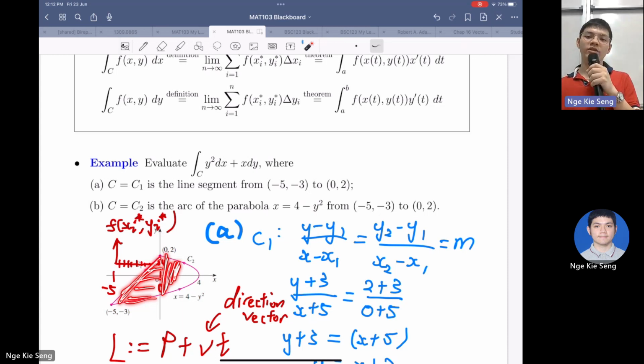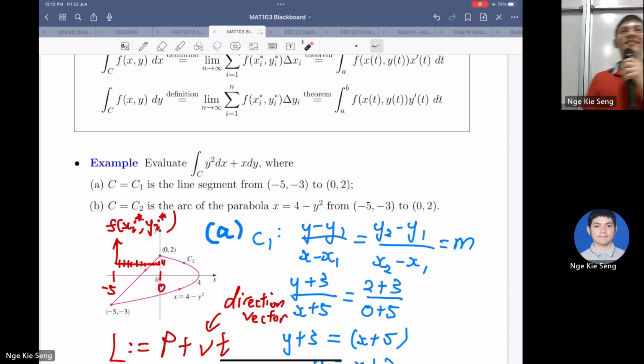But I will check the precise definition and tell you next time, because Stewart doesn't have it. What Stewart has is almost like this. Next Wednesday there is no class, so I'll tell you the geometric meaning when the class next starts.